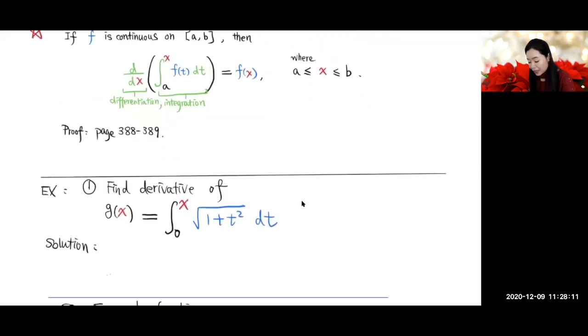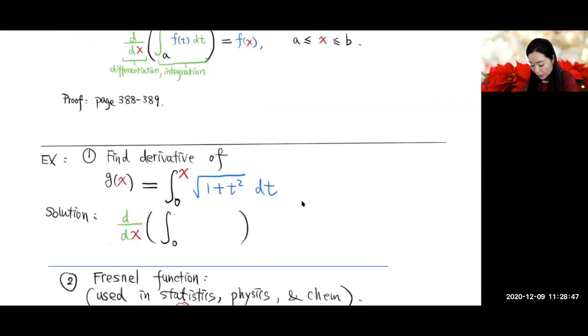This function is defined by this integral, so basically, I'm differentiating this function with respect to x over here. So by the Fundamental Theorem of Calculus part 1, let's call it FTC.